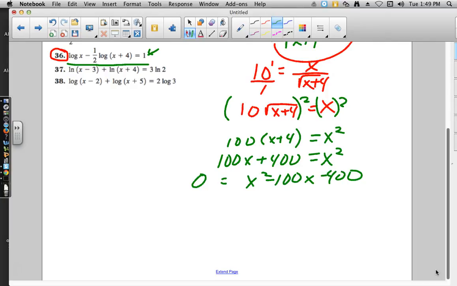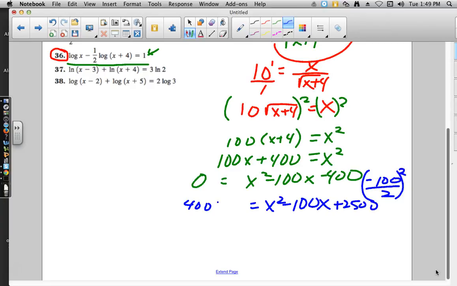And two numbers that multiply to negative 400 and add to negative 100, that is not going to be nice. So I'm going to get my 400 out of the way by adding it to both sides and completing the square. Now our b value is negative 100. If we take negative 100 and divide it by 2, we get negative 50. And if we square that, we get 2,500.